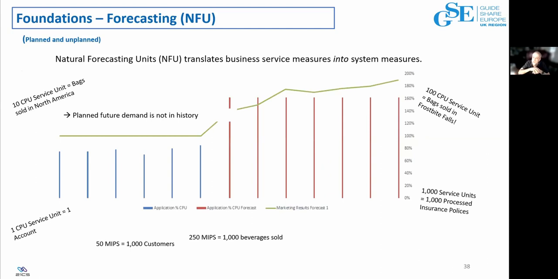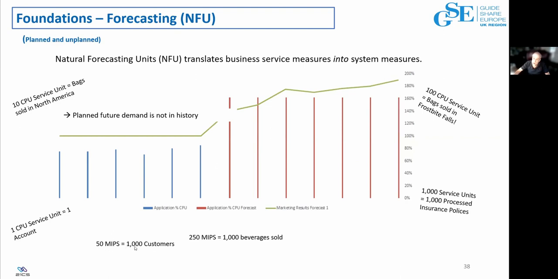This is natural forecasting units. This has been around since the early days that I was involved with the Computer Measurement Group, CMG. Natural forecasting units are simply, where 50 MIPS or 1,000 service units equal 1,000 customers.